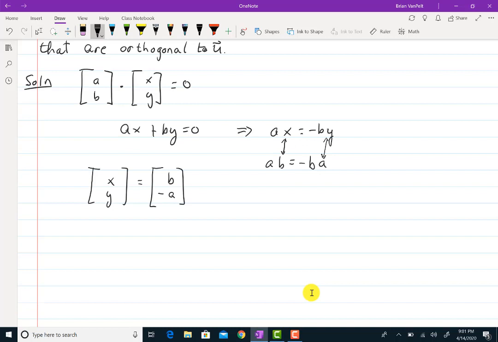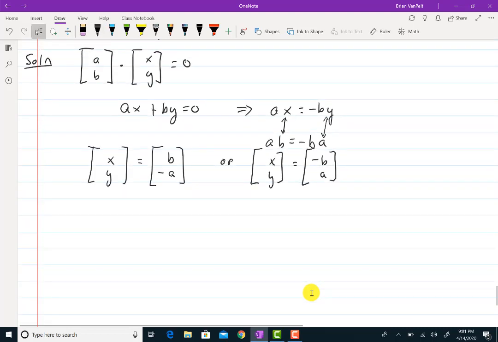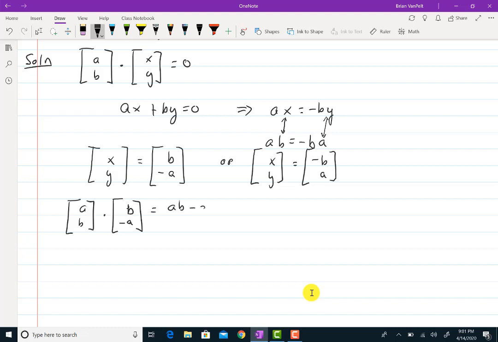Or xy, if you wanted to switch it around a little bit, you could instead put the negative with the b and do this. Either one will work. But then take a look. If I take my AB and I take my B negative A, I get AB minus AB, and that's equal to 0.